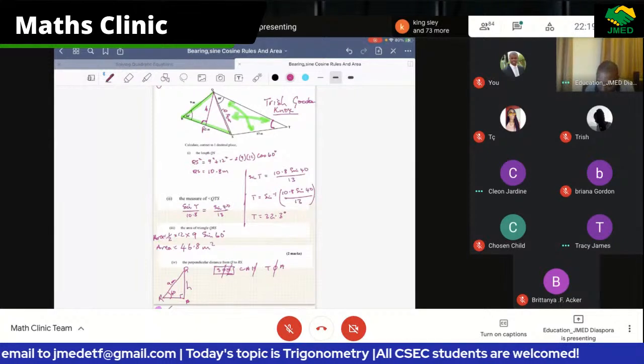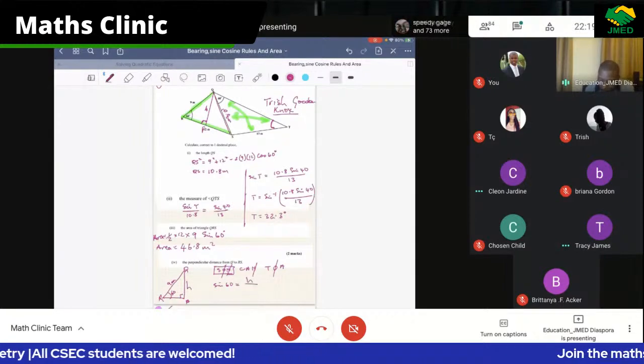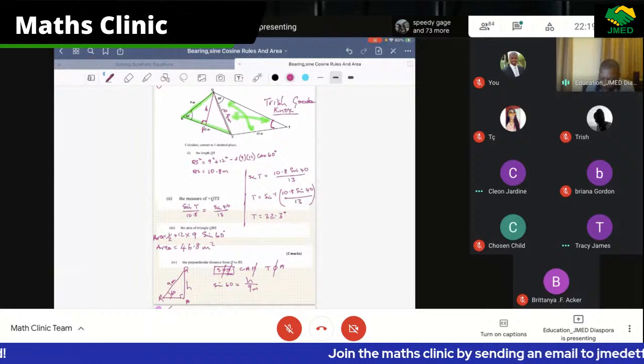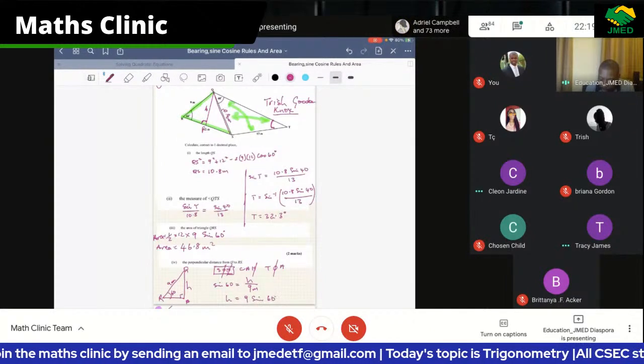So we say sine 60 degrees is equal to opposite, which is H, over 9. Is that meters? So H then is equal to 9 sine 60 degrees.